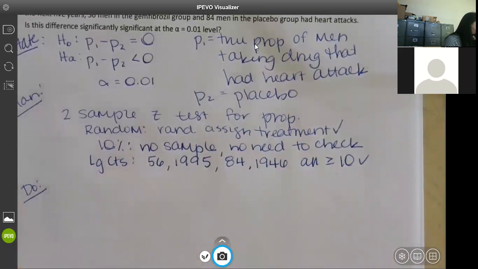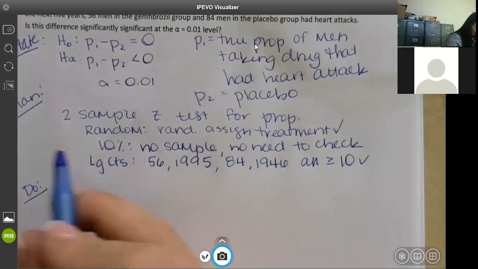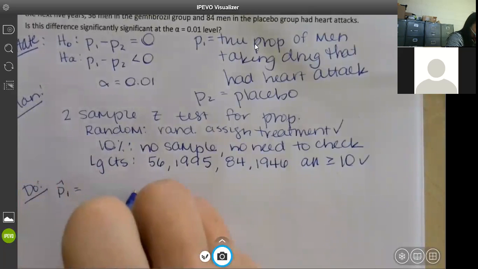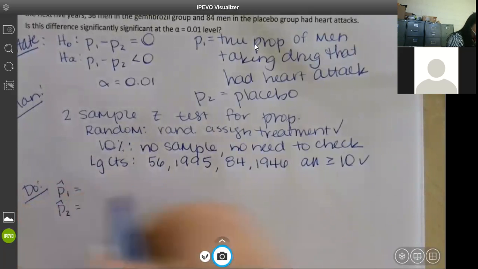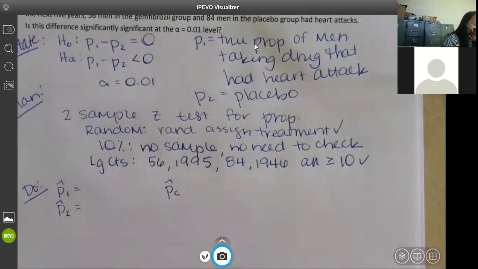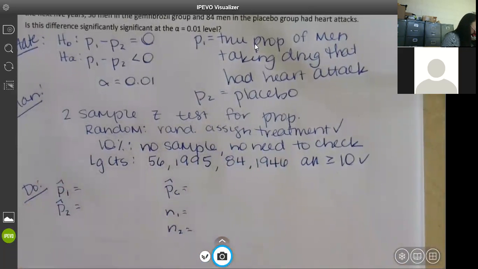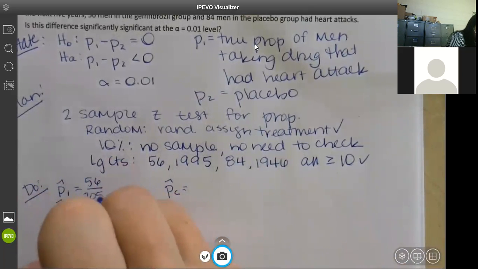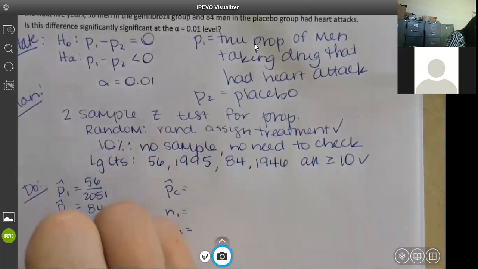What are the things we need to know in that Z formula? What else? One more thing: P hat combined. N1 and N2, you already have that, but it does not hurt to write it down, especially if you don't write the formula. So P hat 1 was 56 out of 2051, and P hat 2 was 84 out of 2030.